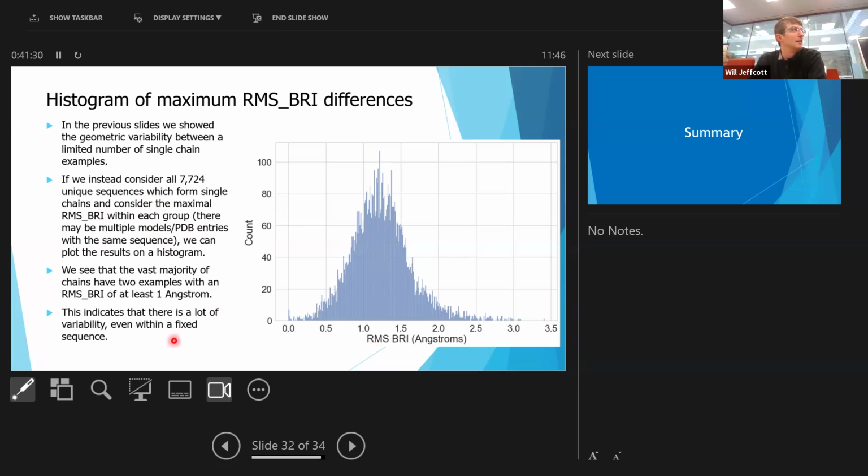In the vast majority of cases there are two examples that are quite geometrically different, with the histogram peaking around 1.2, 1.3. There's a significant quantity of examples where different models might have quite different structures, even within a fixed sequence.